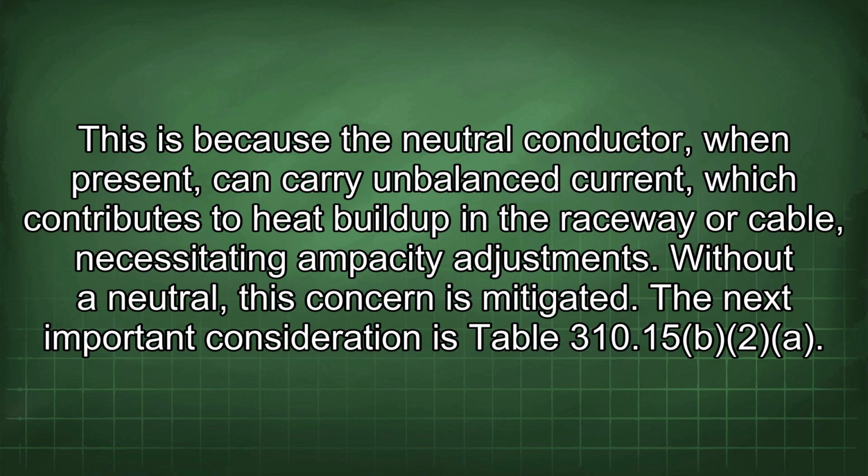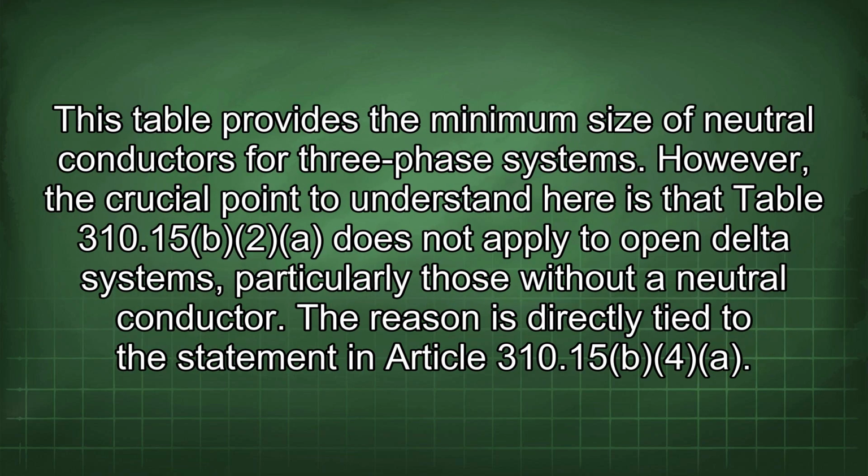The next important consideration is Table 310.15 B2. This table provides the minimum size of neutral conductors for three-phase systems. However, the crucial point to understand here is that Table 310.15 B2 does not apply to open delta systems, particularly those without a neutral conductor.